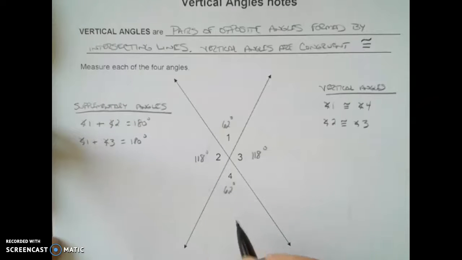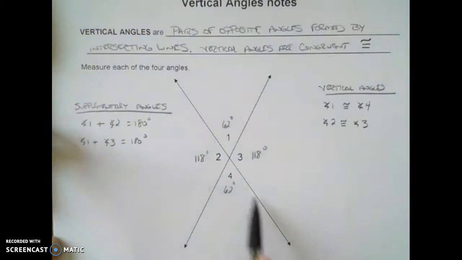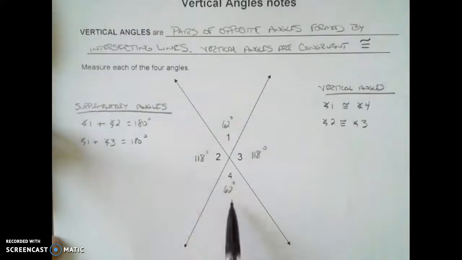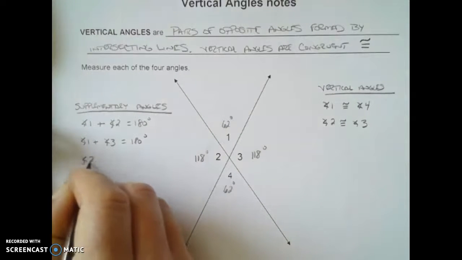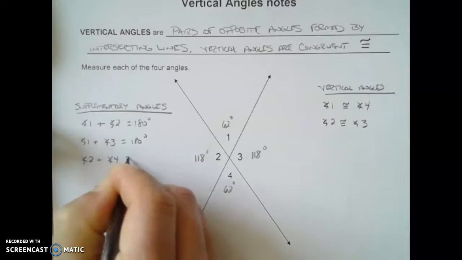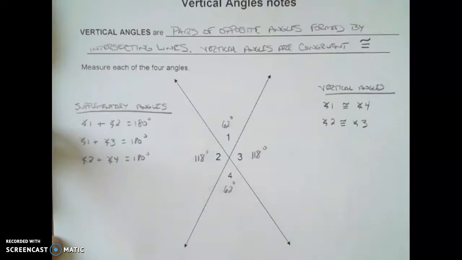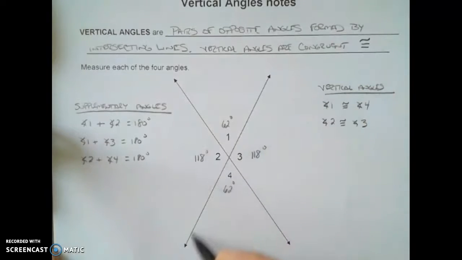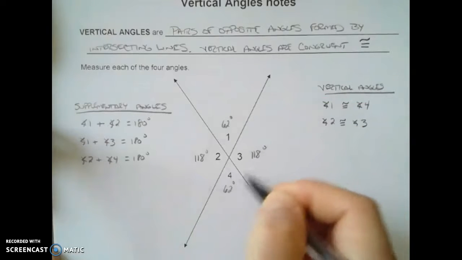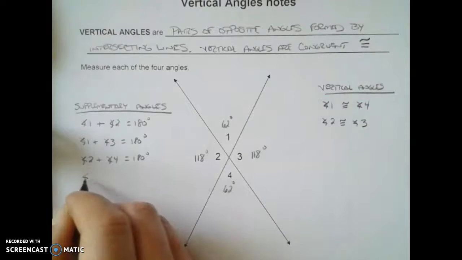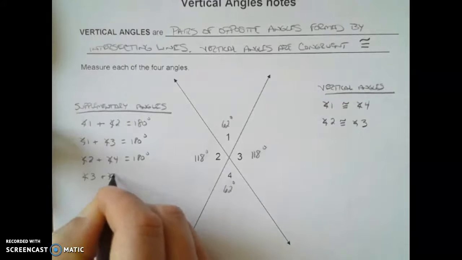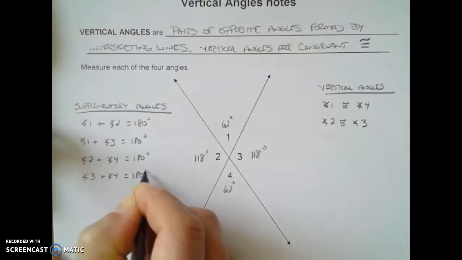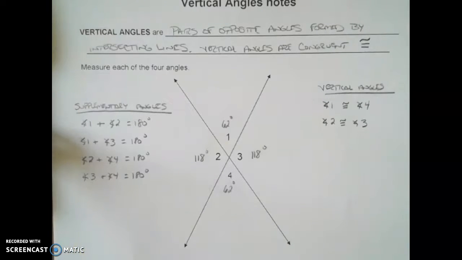You could also do the same thing for angle 2 and angle 4. They also form this straight angle here, and their sum is 180 degrees. Angle 2 plus angle 4 equals 180 degrees. And finally, the same can be said with angle 3 and angle 4. Together they form this straight angle, and their sum is 180 degrees. Angle 3 plus angle 4 equals 180 degrees.